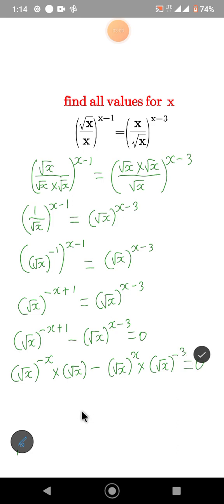Now, what is common to both sides? I'm going to factorize, and when factorizing, I'll make this root x raised to the power minus x my HCF.